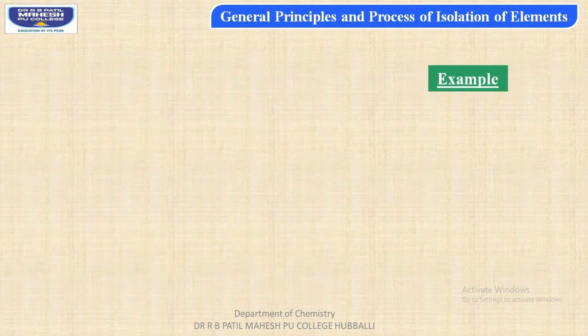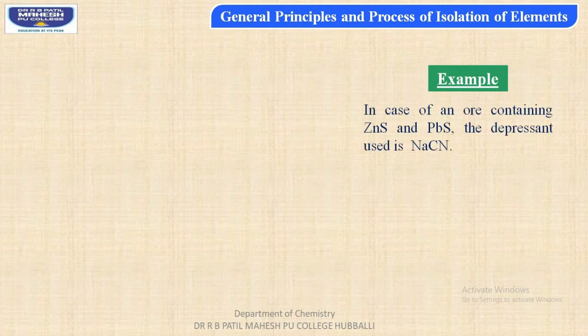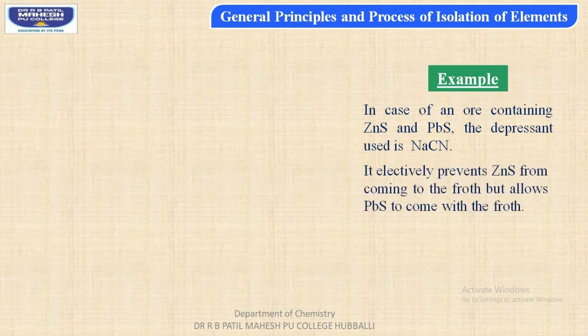Let us consider an example. In case of an ore containing both zinc sulfide and lead sulfide as the ores, the depressant effectively prevents zinc sulfide from coming to the froth, but allows only lead sulfide to come with the froth. The same you can observe within the diagram also.